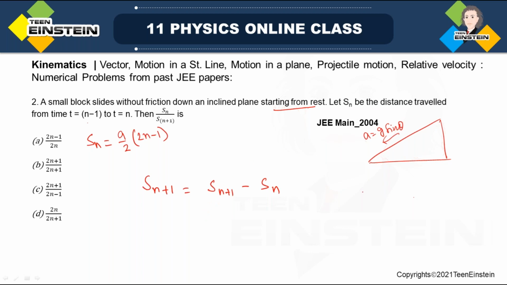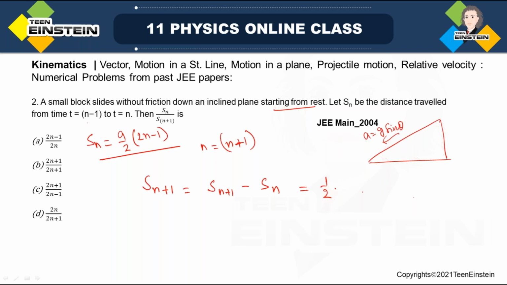Here also u is 0. We can take half a t square. We can directly go with this, or otherwise you can directly put n is equal to n plus 1 in this formula, you should get the Sn plus 1. Let us first do this way elaborately.